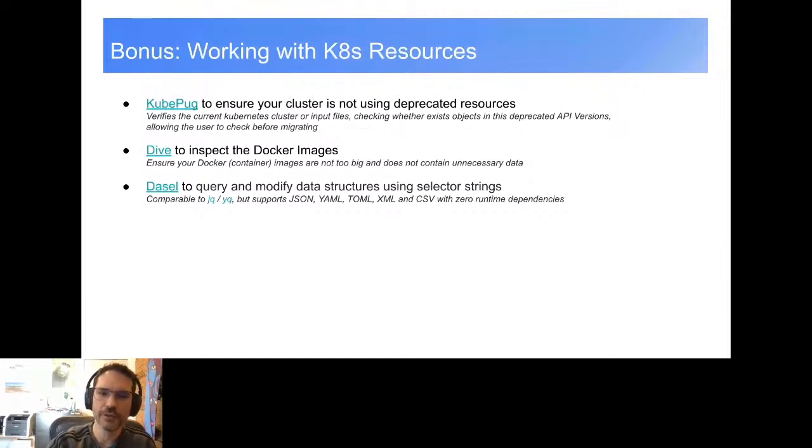So let's say you're planning to upgrade your cluster from 1.20 to 1.21 or 1.22. This application will check the resources in the cluster and will tell you, okay, this is deprecated. This is deprecated, but still works in this version and will be removed in 1.25, for example.